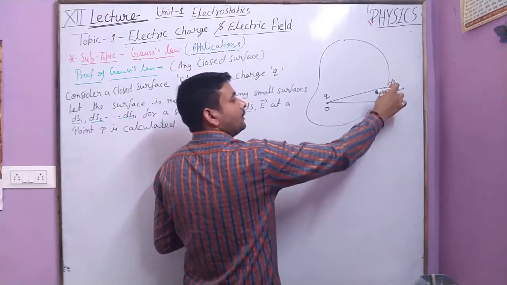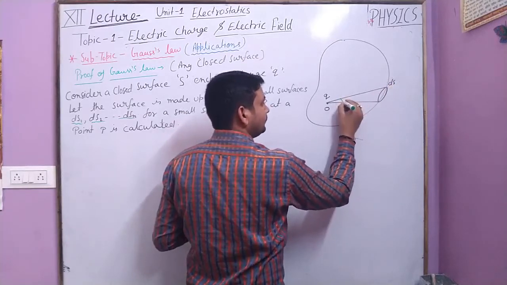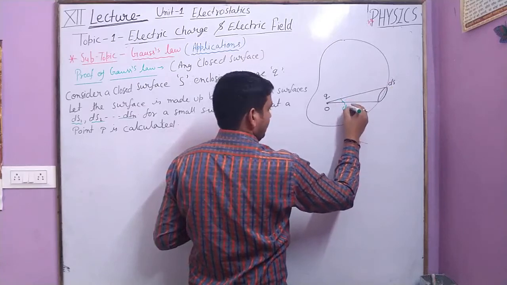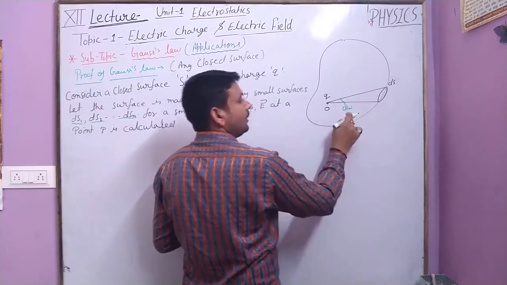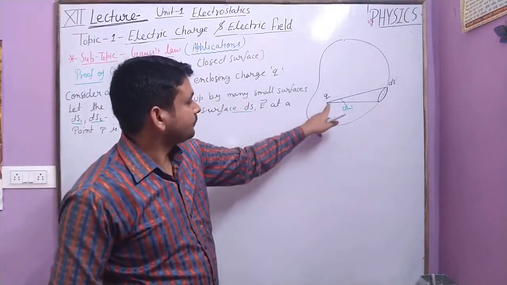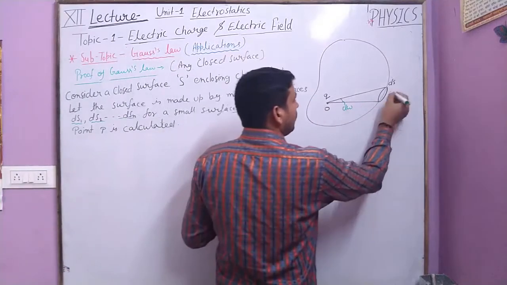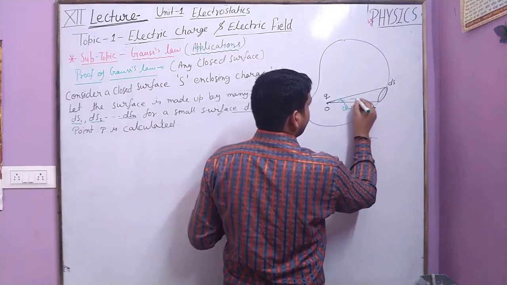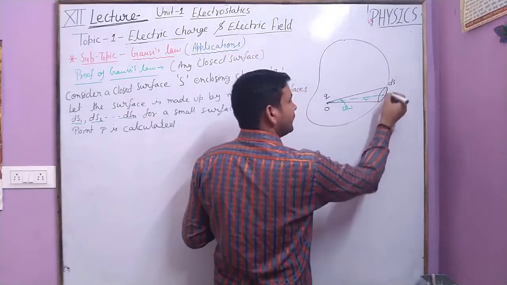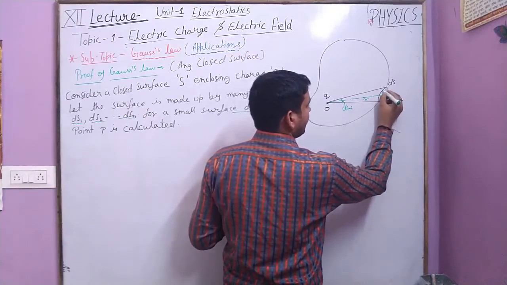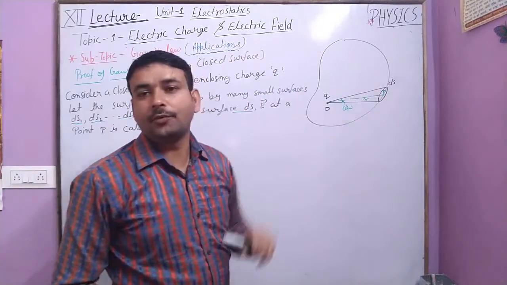So this is a particular sphere which makes an angle, let's say d omega, a solid angle at the center O or at point O of radius r. This is the particular point P where we need to calculate the value of electric field at distance r.